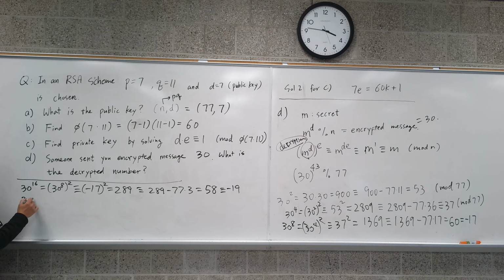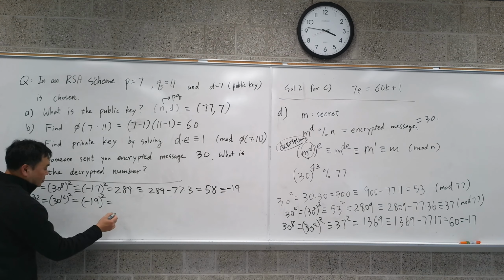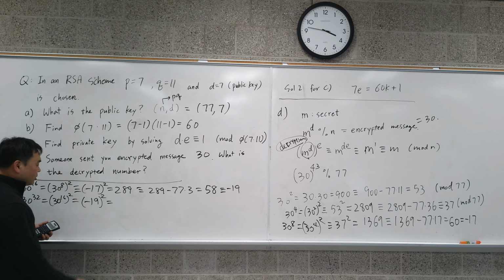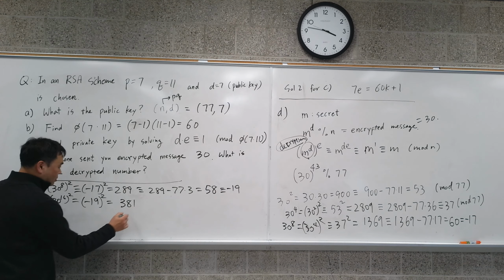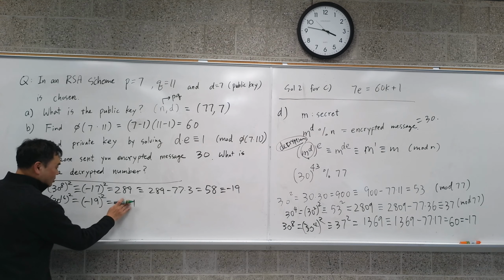So 30 to the 32 power is congruent to 30 to the 16th power squared. But 30 to the 16th power is negative 19 squared. And what is that? 361.